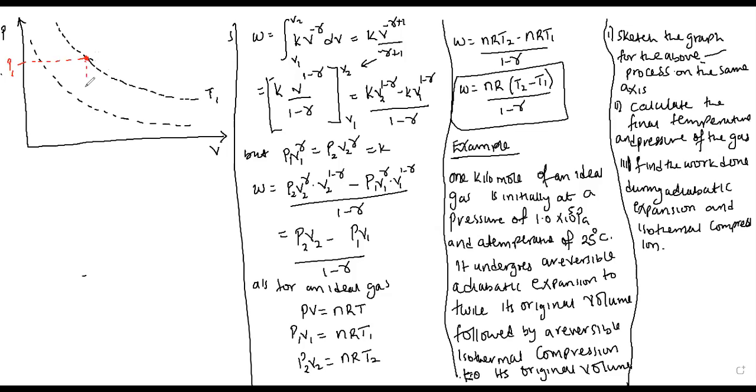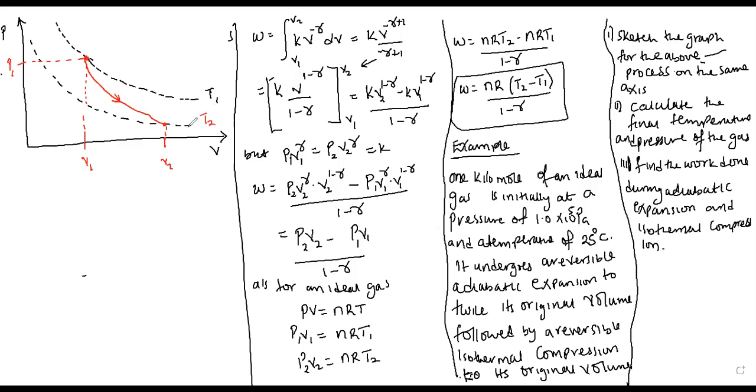So initially it had a volume V1. Then it was expanded to a new volume, which is V2. So it was expanded to a volume V2, and then it attained a new temperature T2.